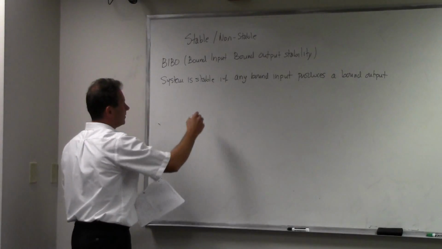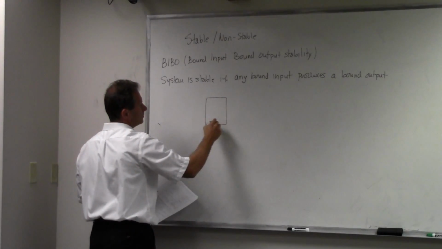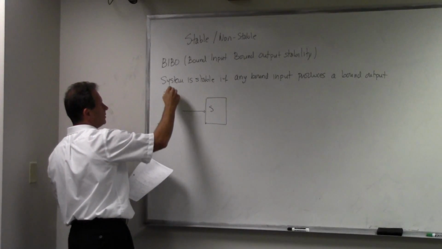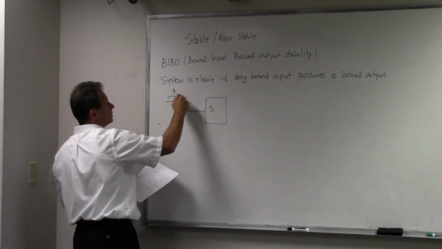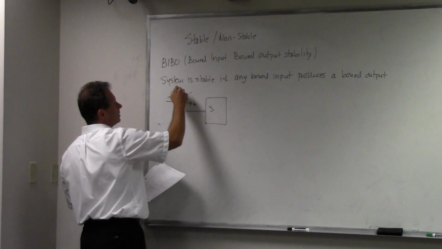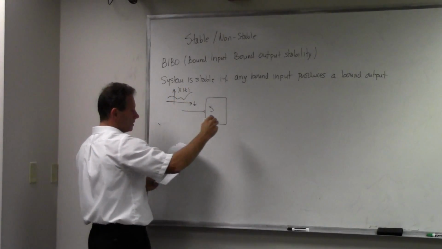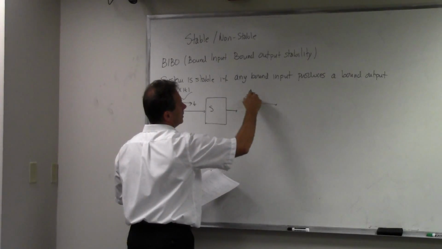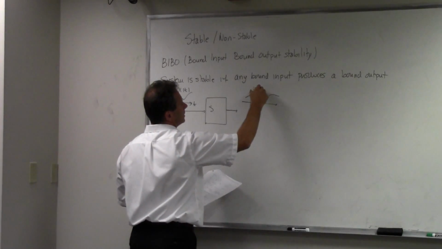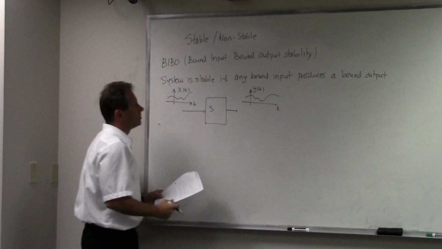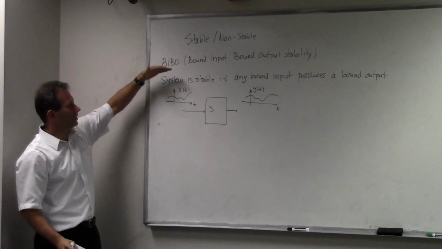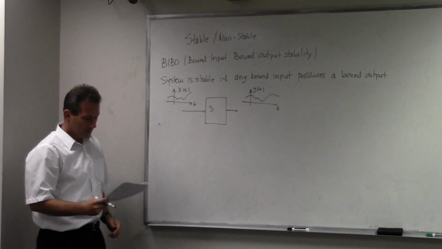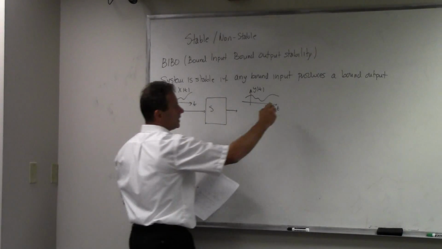So, for example, if I have a system here, and my input x of t is something that looks like this, then my y of t is, again, something like this, where every time I present an input for which I can put a bound, the output is also bounded. But alternatively, so this would be stable.